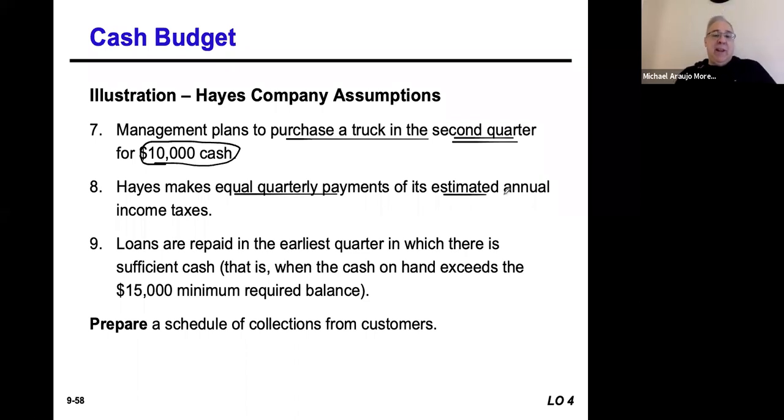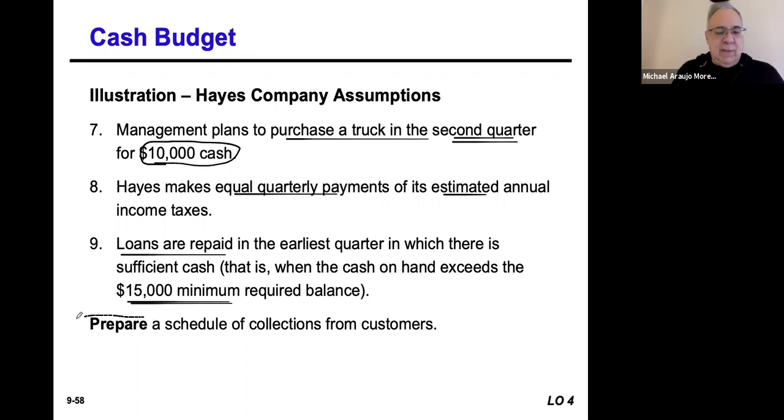They're supposed to be filing their estimated income tax every quarter. In terms of loans, they have to repay a loan. They repay those loans as quickly as they can, as long as their cash minimum is 15 grand. They will pay the loan back.